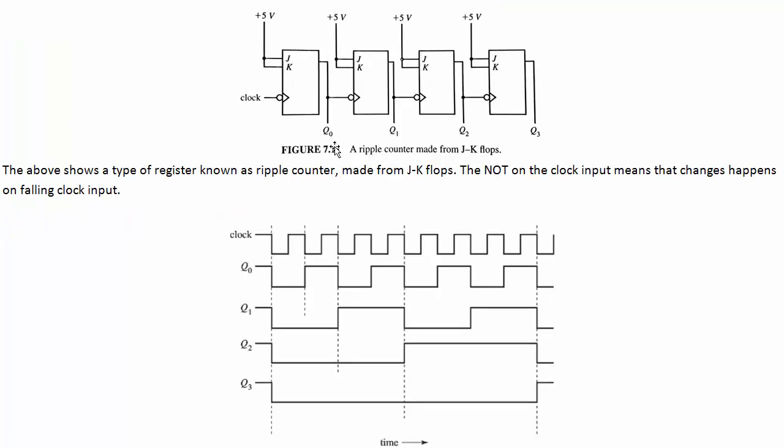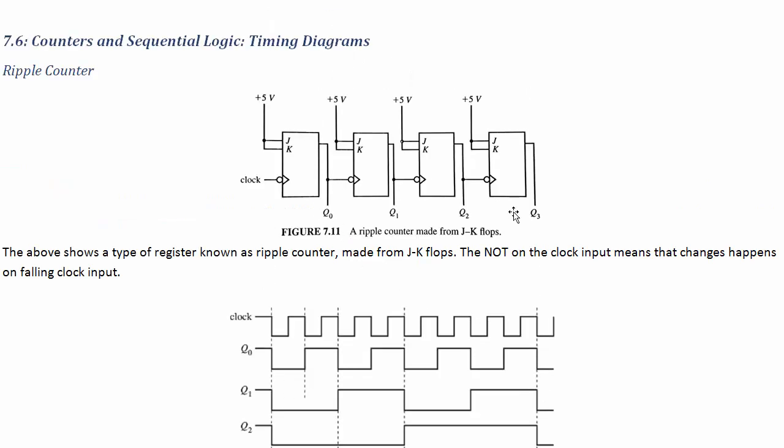That's how long it takes for them to transition once they've been told to. So if the signal takes a little bit of time to fall down, let's imagine 5 milliseconds, then this one will fall down 5 milliseconds after that, and this will fall 5 milliseconds after that, and so on. So in fact, this is going to kind of ripple its changes through. That's what a ripple sounds like.